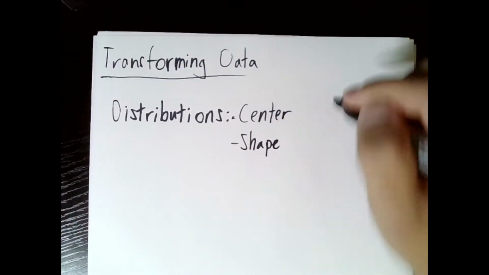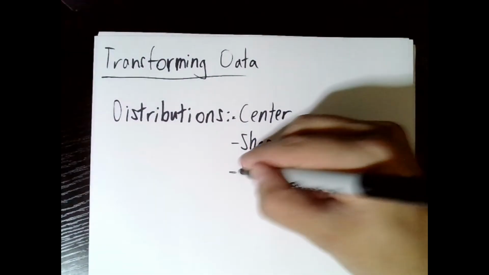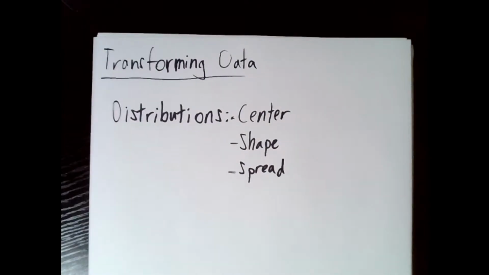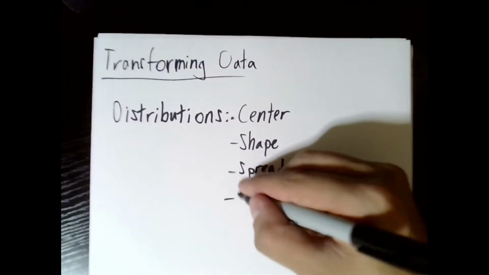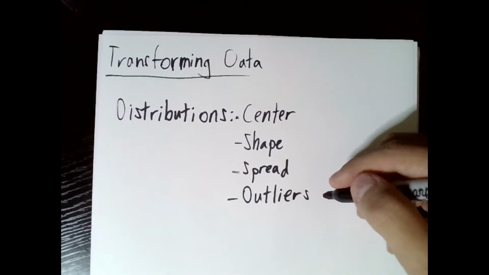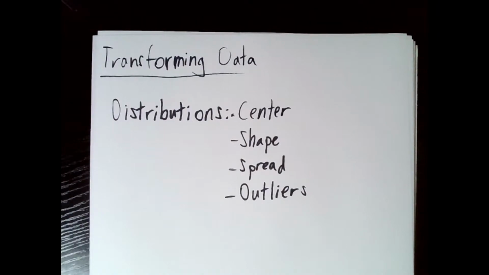Is the distribution symmetric? Is it skewed? Is it skewed to the left or right? We have spread, so measures of variability such as standard deviation and range come to mind. And then finally, kind of related to spread, we have outliers.